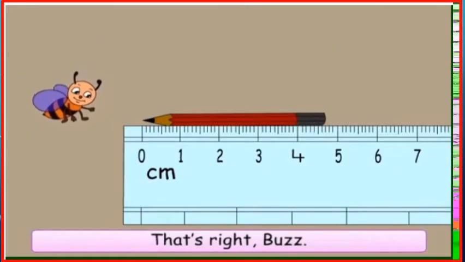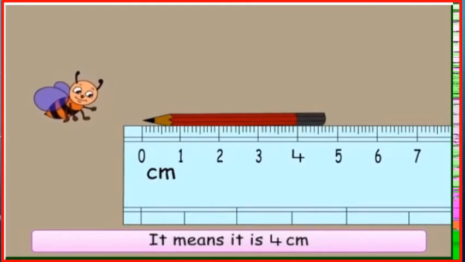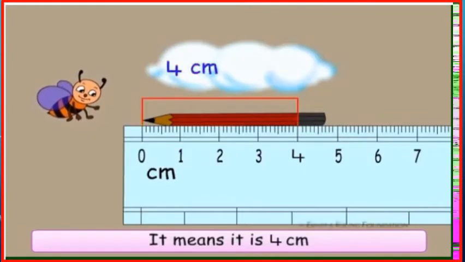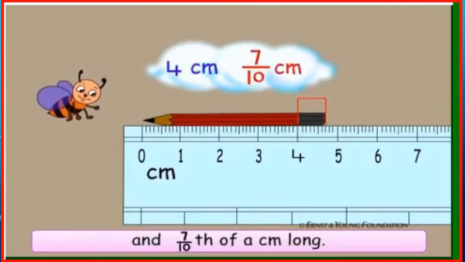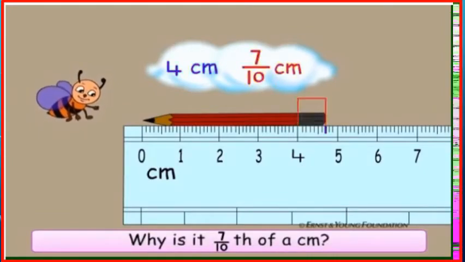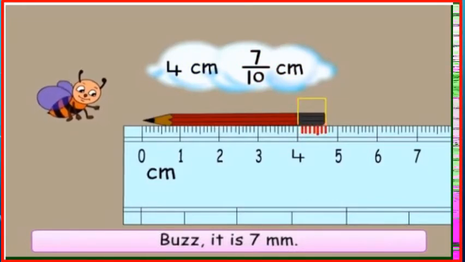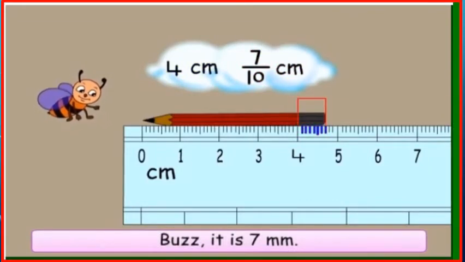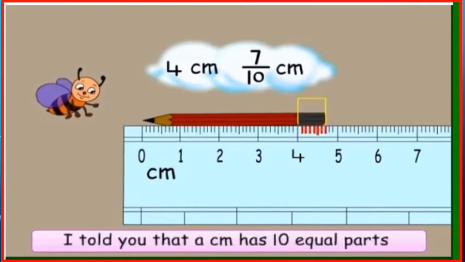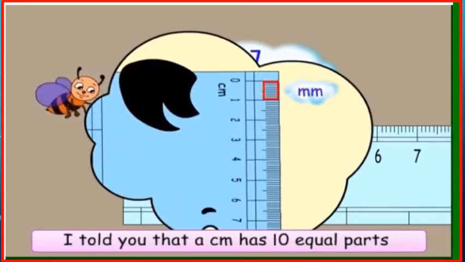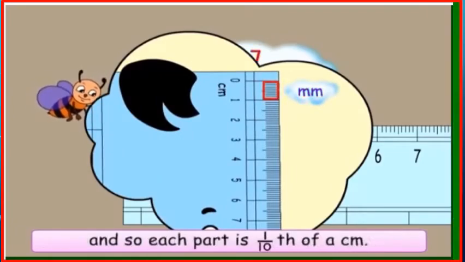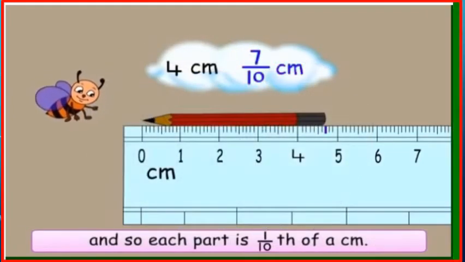That's right, Buzz. It means it is 4 centimeters and 7/10 of a centimeter long. Why is it 7/10 of a centimeter? Buzz, it is 7 millimeters. I told you that a centimeter has 10 equal parts, and so each part is 1/10 of a centimeter.